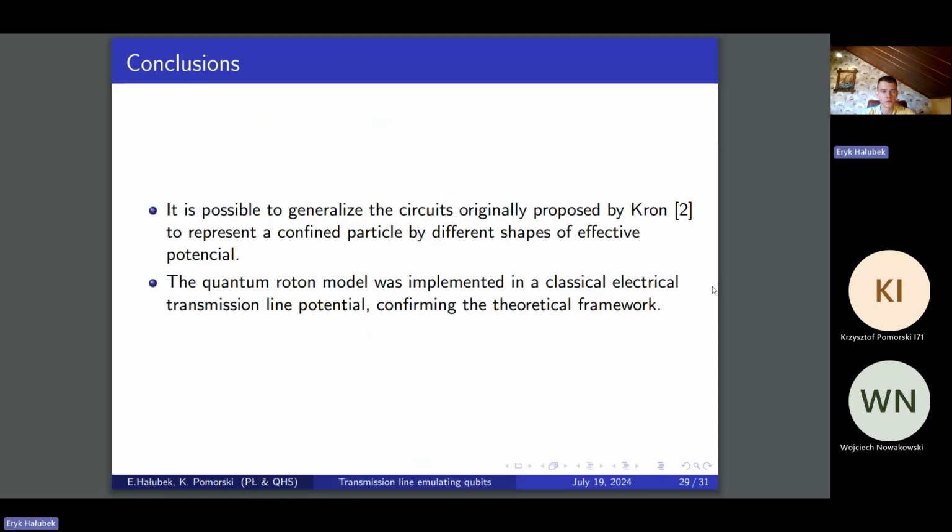And so what are the conclusions? The conclusion is that it is possible to generalize the circuits proposed by Kron to represent a confined particle by different shapes of effective potential, and the quantum roton model that was implemented by us confirms the theoretical framework.